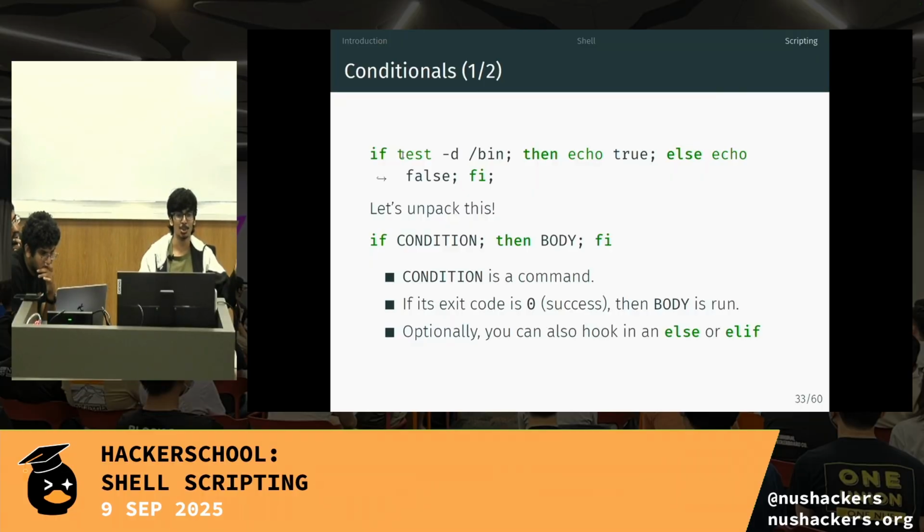It looks at the exit code of the thing that you passed in. So in this case, the if statement checks whether the exit code of the condition is a 0, which is considered a success, which will then cause the body to run. On the other hand, if the condition fails, which means that the command associated with the condition did not run successfully, then it goes to the else statement.